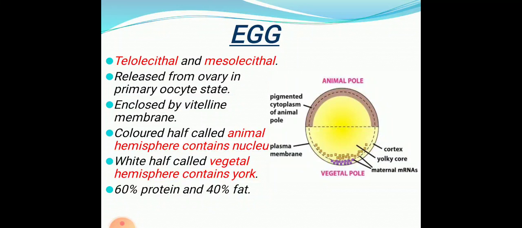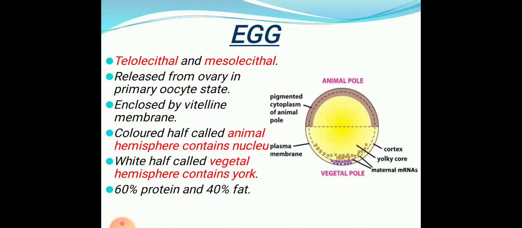The cortical granules are arranged in a layer close to the plasma membrane. And the endoplasm contains the nucleus on one side, and numerous white plate-like yolk platelets on the other side.